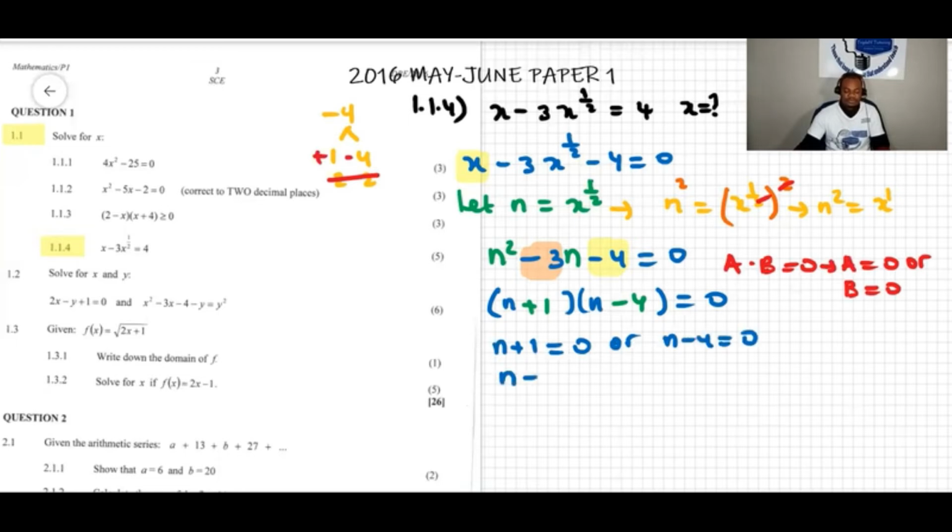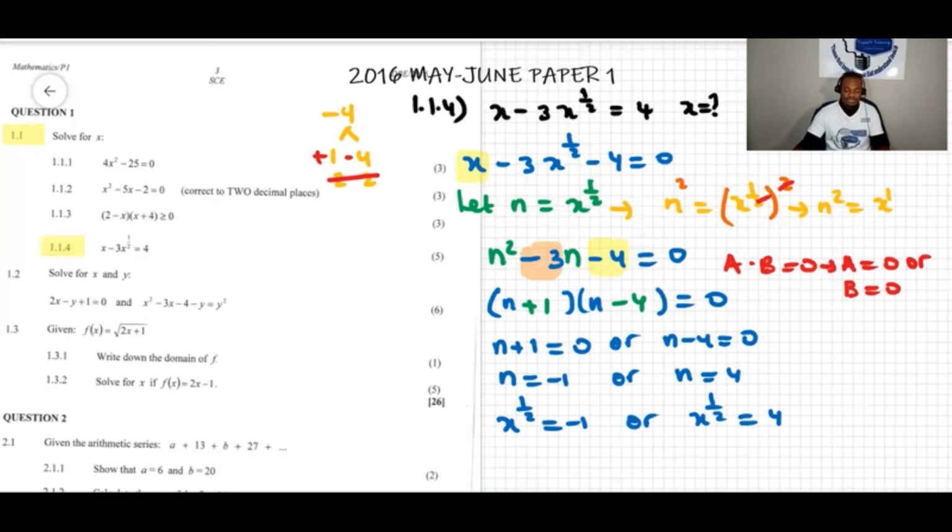Then we have n equal to negative 1 or n equal to positive 4. Then remember, we were not supposed to solve for n, we were supposed to solve for x. n was set to be equal to x to the power of half. Now I can substitute the value of n, so this means x to the power of half equal to negative 1 or x to the power of half equal to 4.